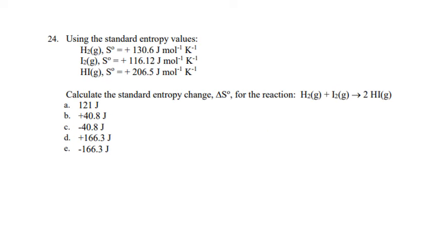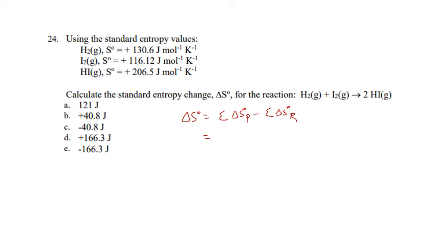For the next question, using the standard entropy values as given here for hydrogen, iodine and HI, calculate the standard entropy change for the reaction H2 plus I2 gives 2HI. So what we have to do is products minus reactants. So delta S0 equals sigma of S0 of products minus sigma of S0 of reactants.